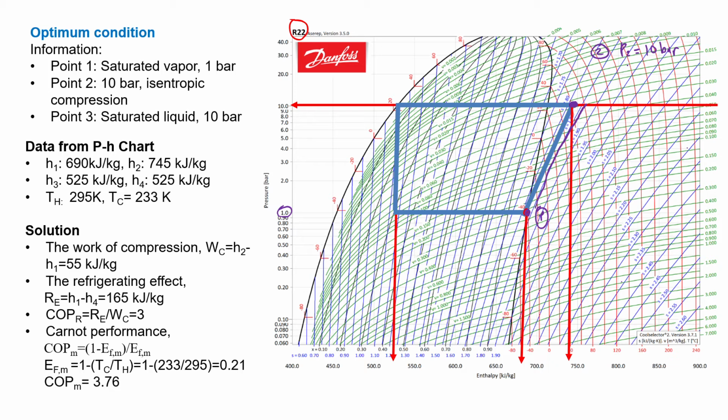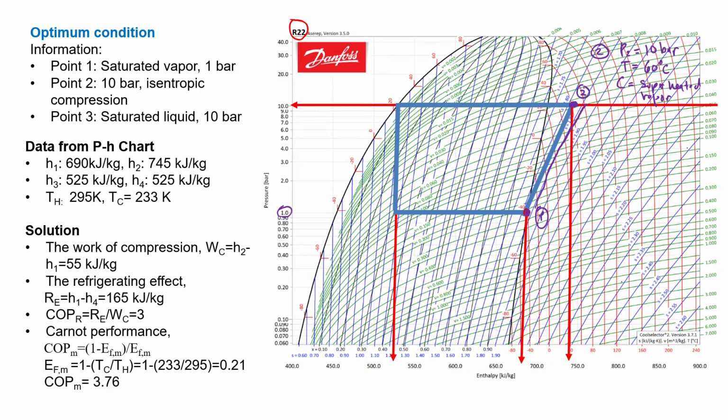The temperature, you see the red line, is T equal to 60 degrees Celsius. What's the condition here? The condition is superheated vapor. That is the condition at point 2.